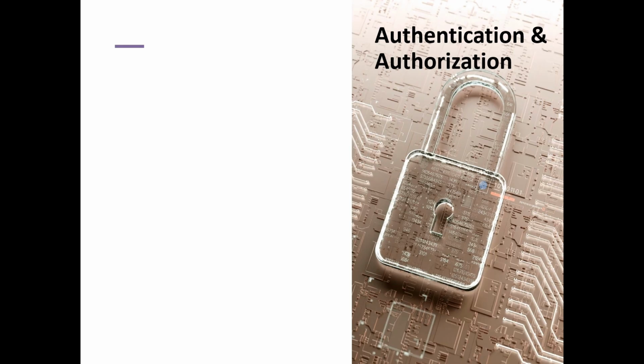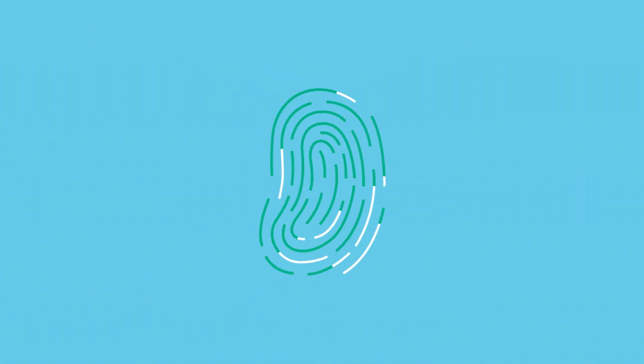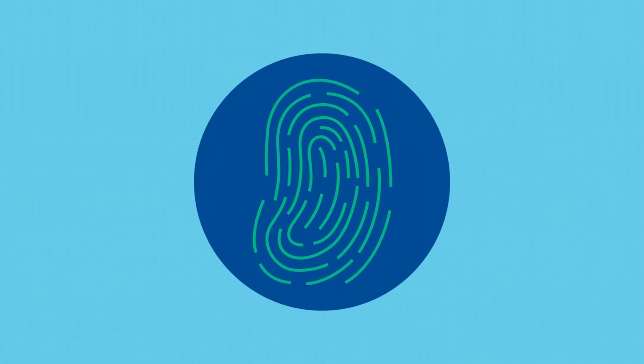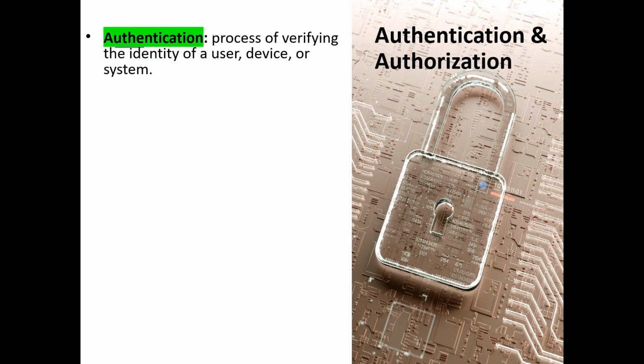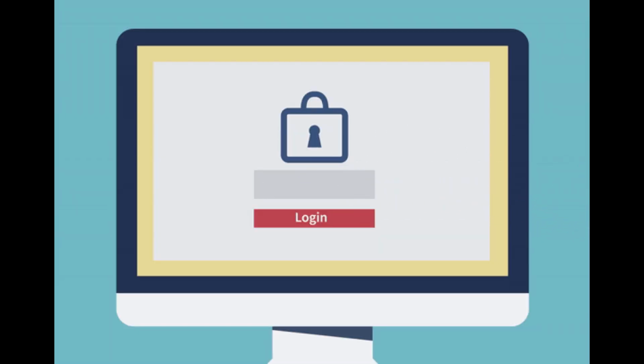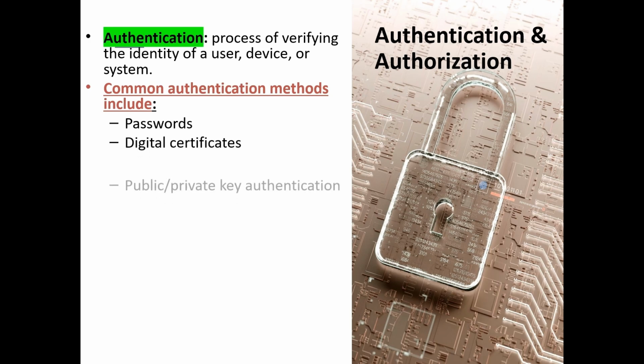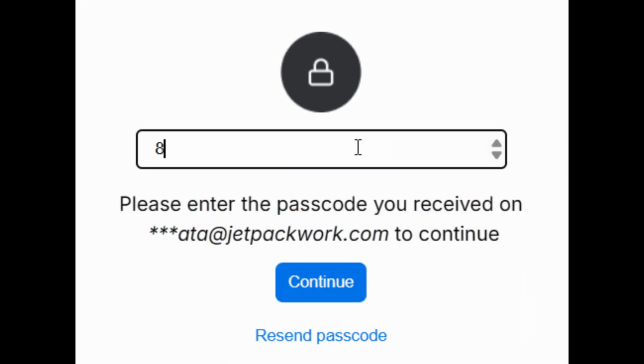Authentication and authorization. Now, authentication is the process of verifying the identity of a user, a device, or even a system. It basically answers the question of who are you. The common authentication methods include passwords, digital certificates, key authentication, whether it's public or private, and multi-factor authentication.